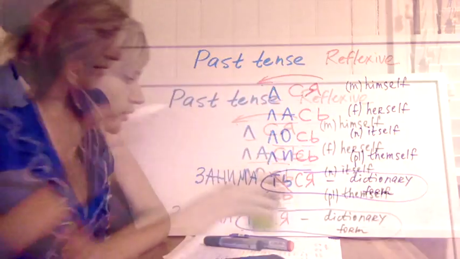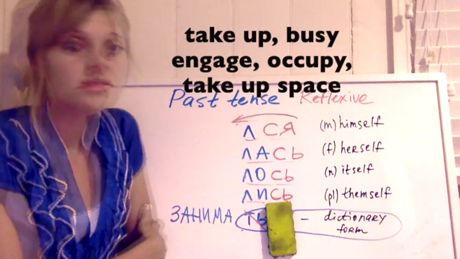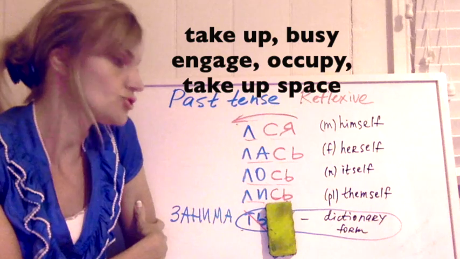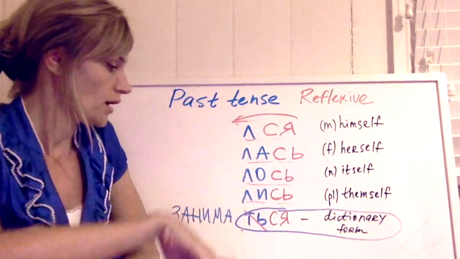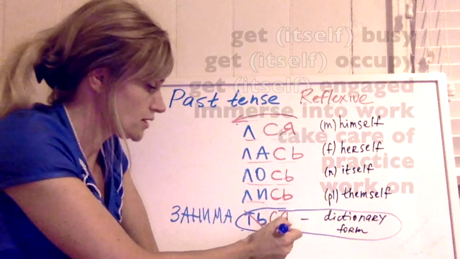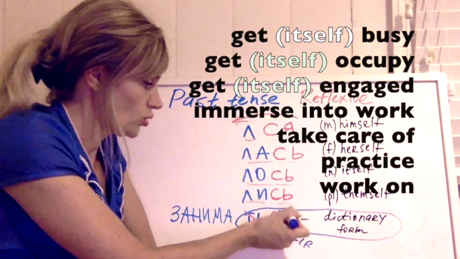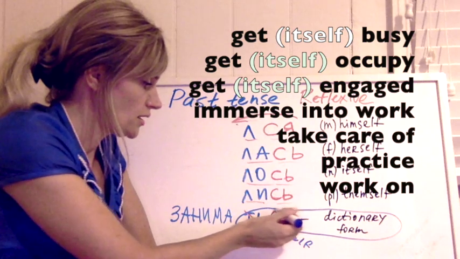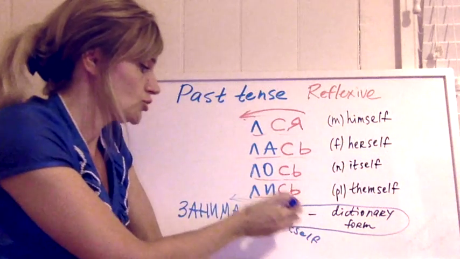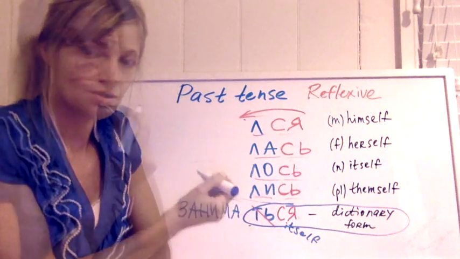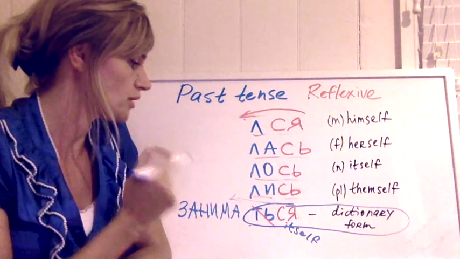Without the reflexive particle, занимать means to busy, to engage, to occupy. And заниматься, as we already established that it's itself, always an inside job, means to get yourself engaged, get yourself busy, be occupied, study something, be doing something.